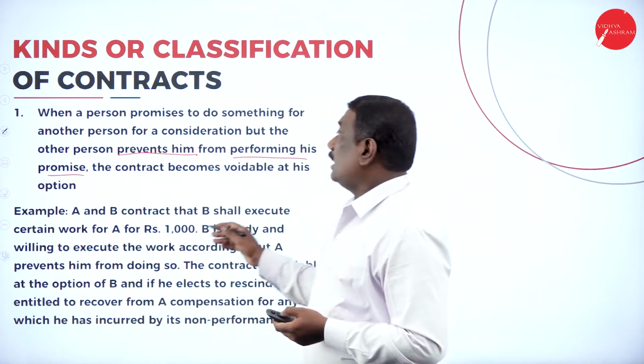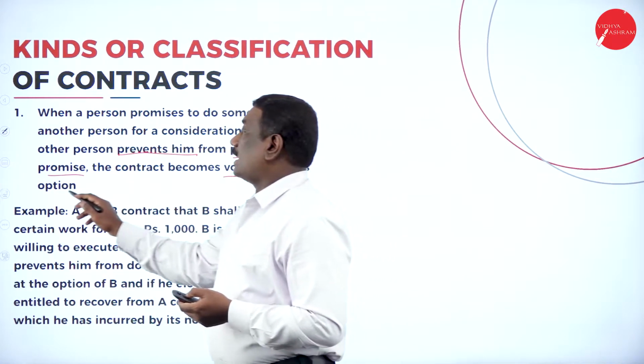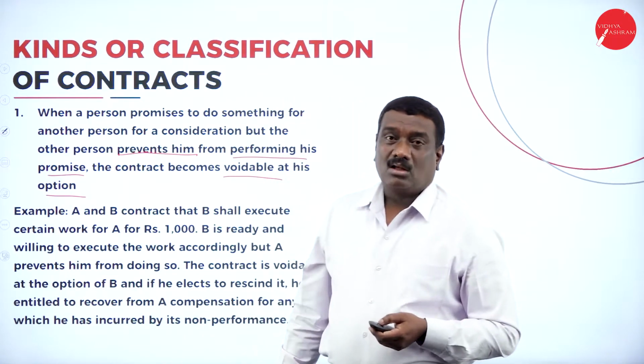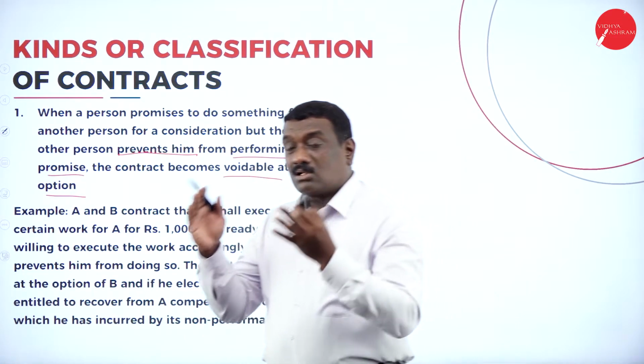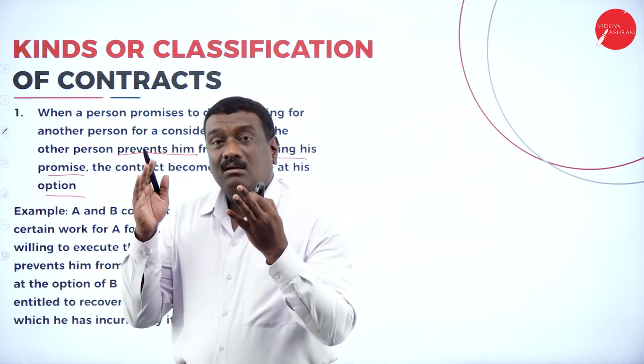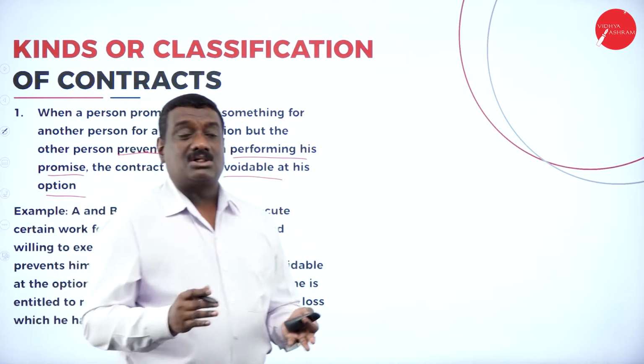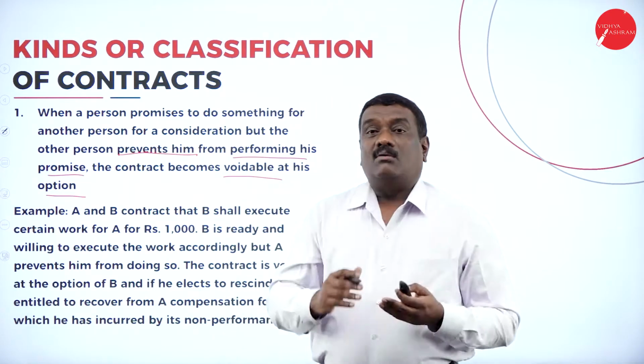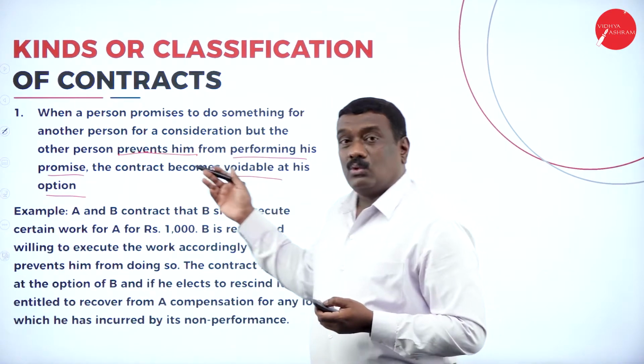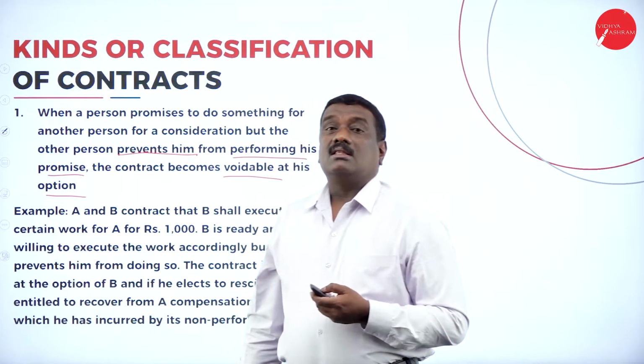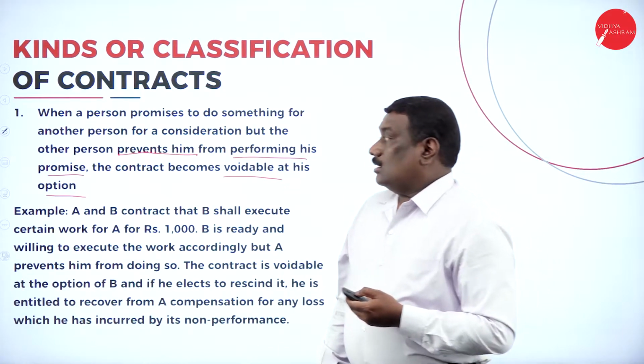In that case, it becomes a voidable contract. Because A is not allowing B to do his obligation, when he prevents B from doing his part of the obligation, then that becomes a voidable contract.